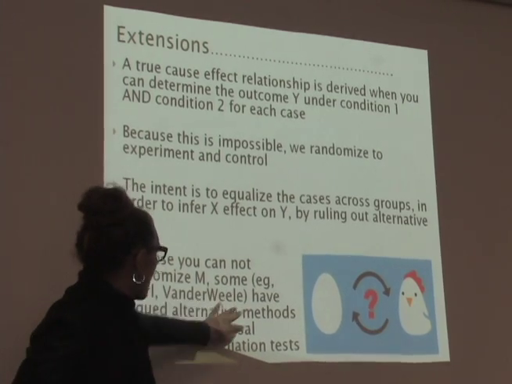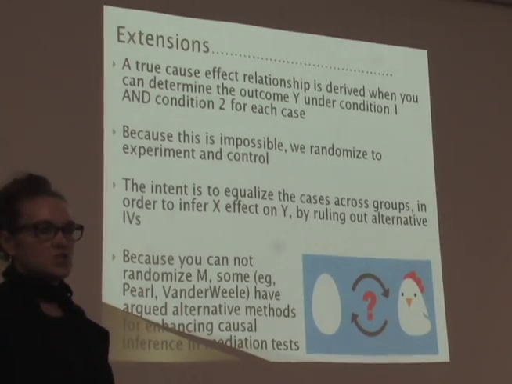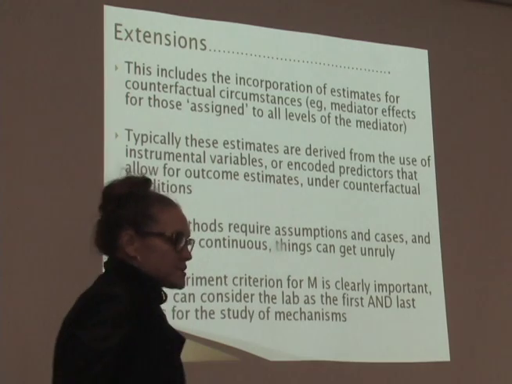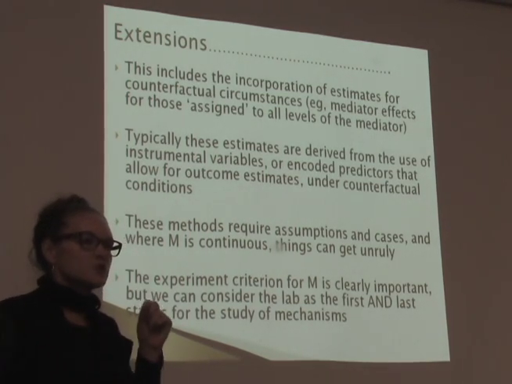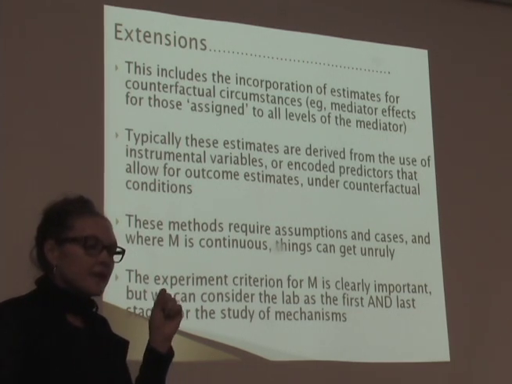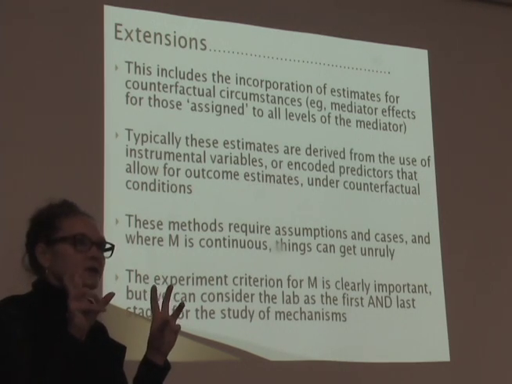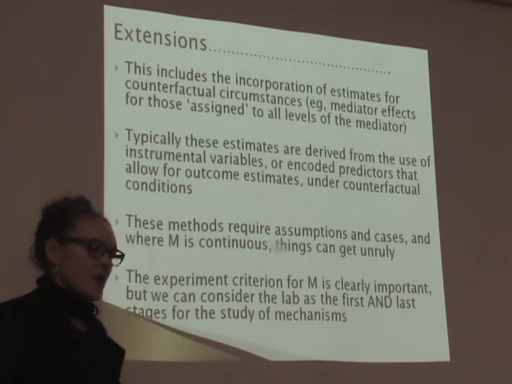So folks have talked about alternative methods for enhancing causal inference in mediation tests, and this is the causal inference literature. How does it work? It includes the incorporation of estimates for counterfactual circumstances, so you essentially estimate mediator effects for those who would be hypothetically assigned to all different levels of the mediator.